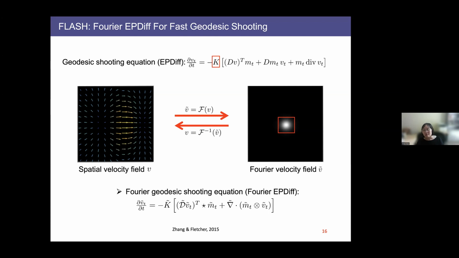So current deep networks, for example VoxelMorph or whatever morph you have, typically use a stationary velocity field, which means they don't actually solve this equation because they treat the velocity as constant in space. However, the problem with the stationary velocity is that it doesn't really formulate the shortest path between the two objects.